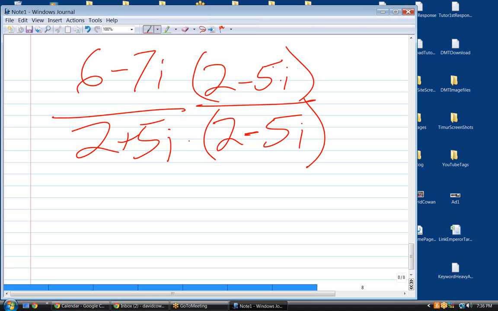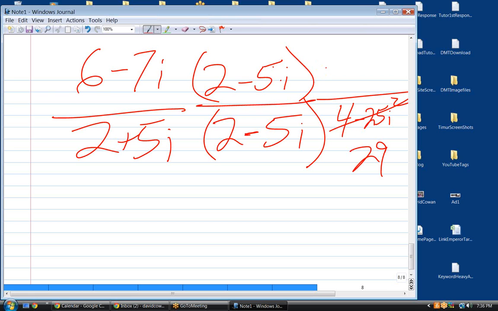Notice that that's the difference of squares factored. So 2 plus 5i times 2 minus 5i must be 4 minus 25i squared, since it's the difference of squares factored. And that turns into 4 plus 25, or 29. So we now have a real denominator. We're going to have an imaginary numerator.